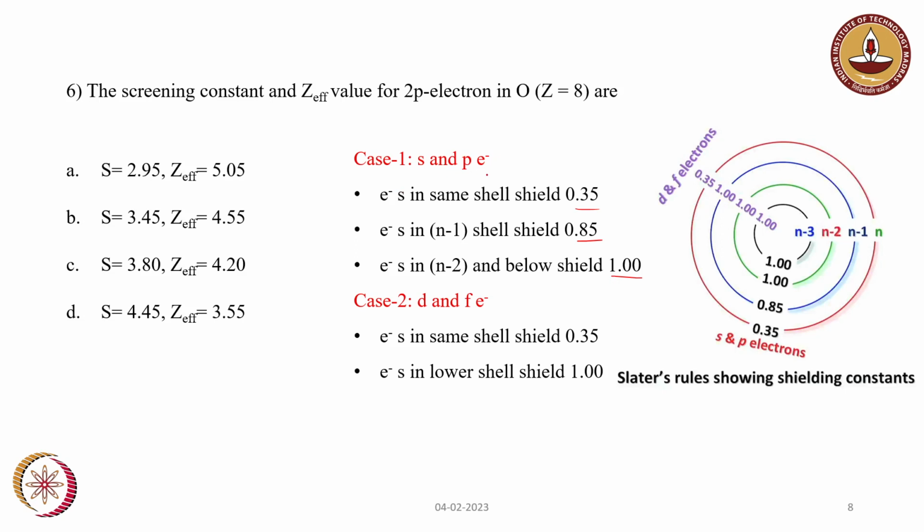Slater's rule says that for an ns or np electron, if the electrons are in the same shell, it will have shielding of 0.35, and when we move inside, for n minus 1 it's 0.85, and for n minus 2 and below shells it will be 1, because as we move inwards, the shell is closer to the nucleus, and the inner shells experience more nuclear charge compared to those outside.